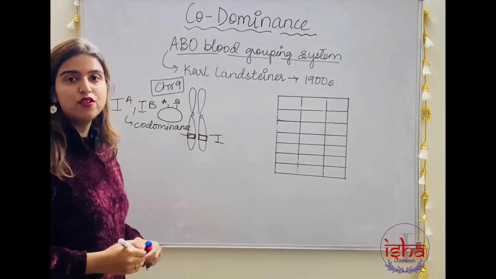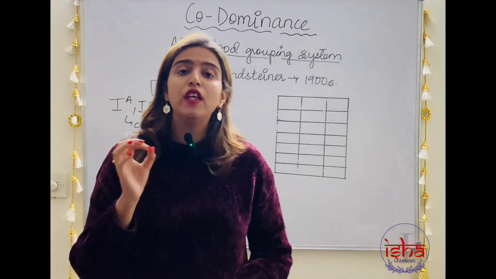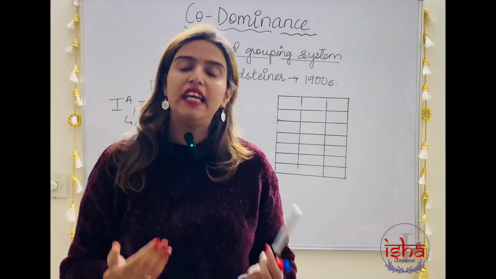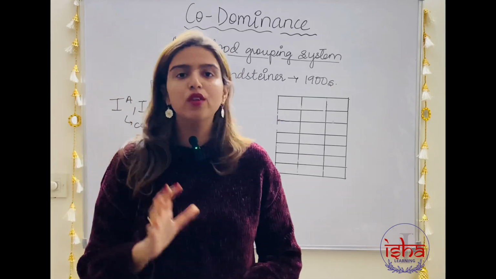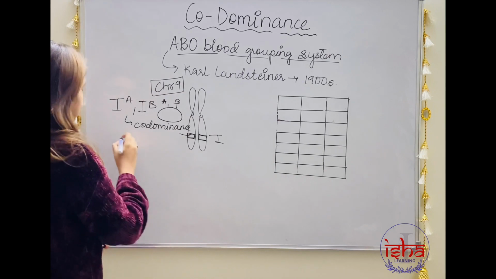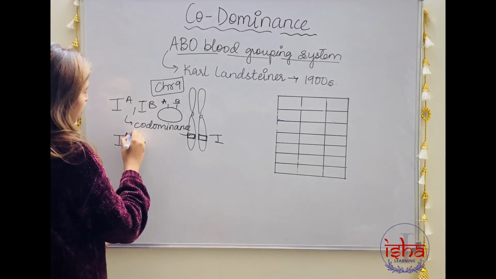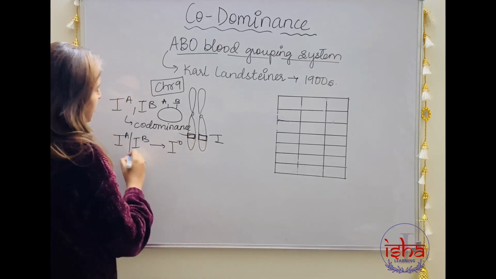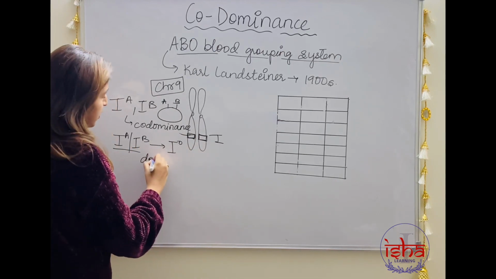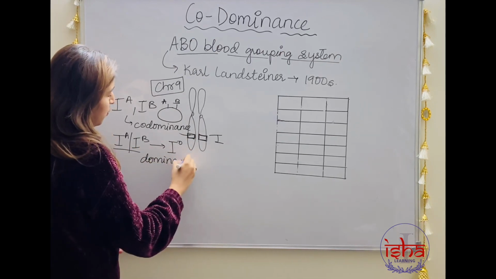But in the case of the O allele, both A and B type alleles are completely dominant over the O allele. So let's say I have the A allele or the B allele and I have the O allele, it is completely going to be dominant over the O allele.